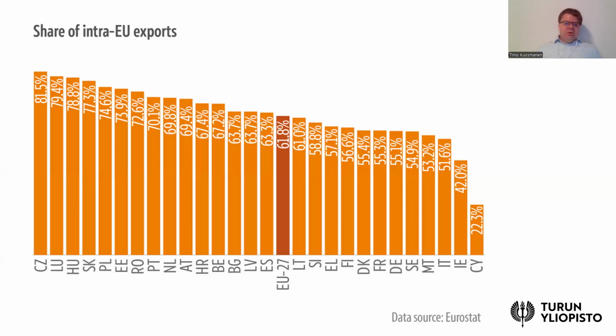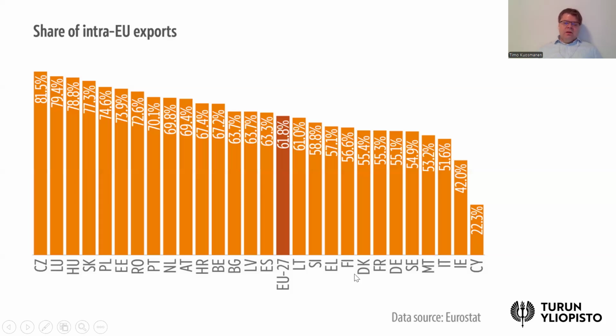But if you want to see some kind of support for this, or at least association with the theory, if we think of the Nordic EU countries, we see that Finland has a slightly higher share of intra-EU exports than, for example, Denmark or Sweden.